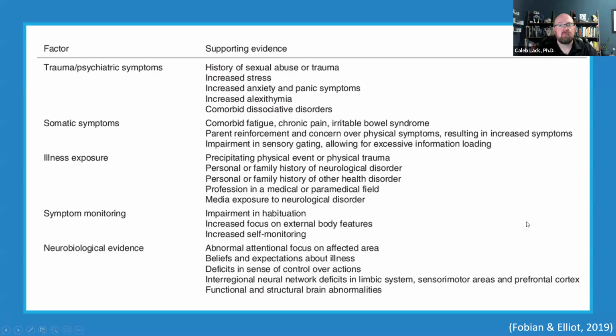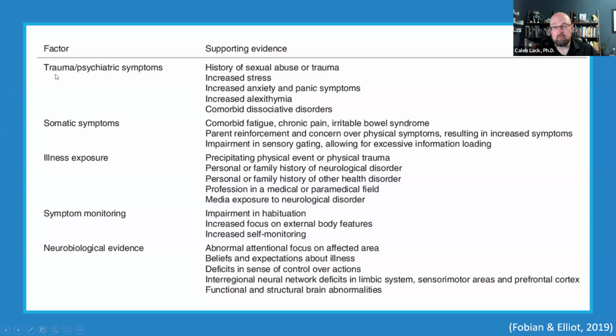Here are some of those factors that are likely to come into play. And this isn't to say that everyone who has an FND has to have every one of these, right? But these are things that we found in the research that are really predictive.